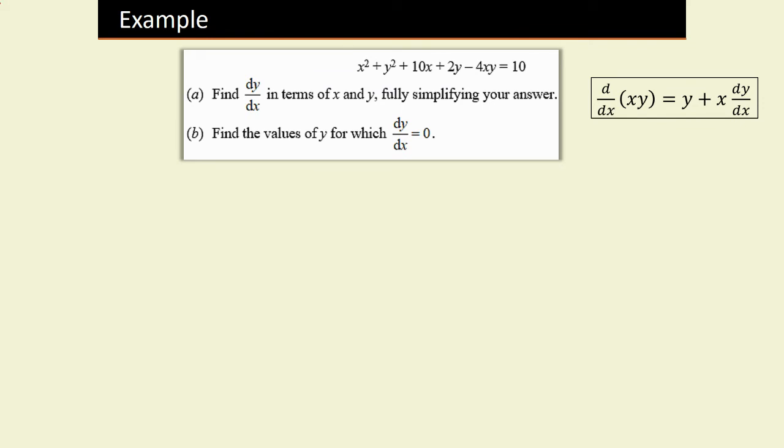So let's just differentiate. We'll go through this fully again. So x squared goes to 2x. y squared will go to 2y dy by dx, remember, implicit differentiation. 10x will go to 10. 2y will go to 2 dy by dx.